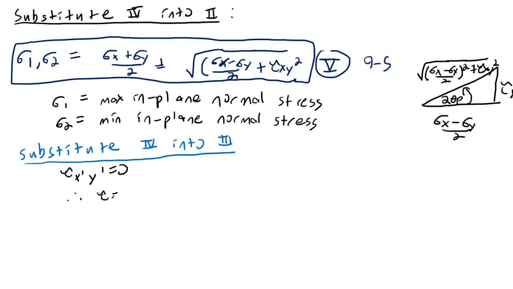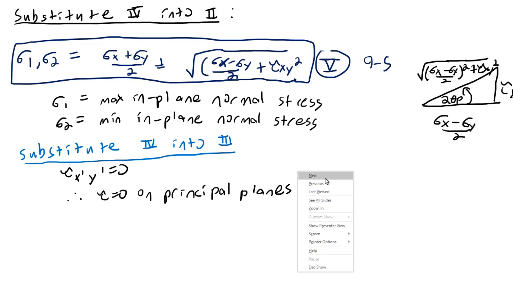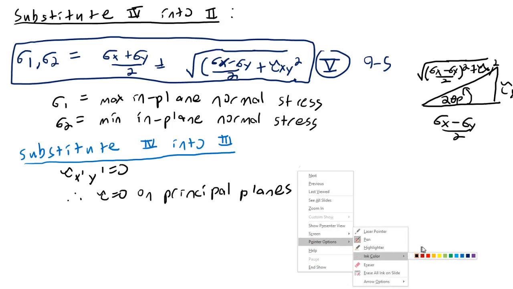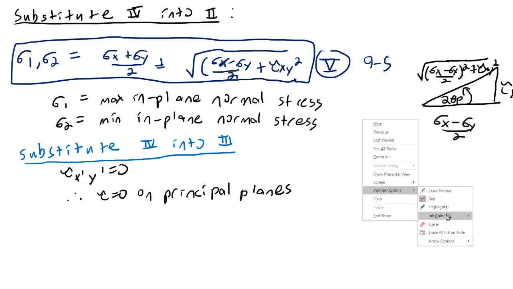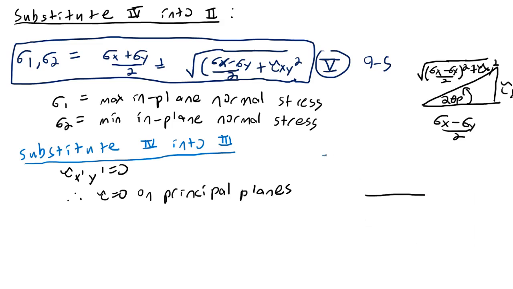Therefore, tau equals 0 on principal planes. In other words, on a principal plane, it is a state of pure normal stress. There is no shear stress whatsoever.